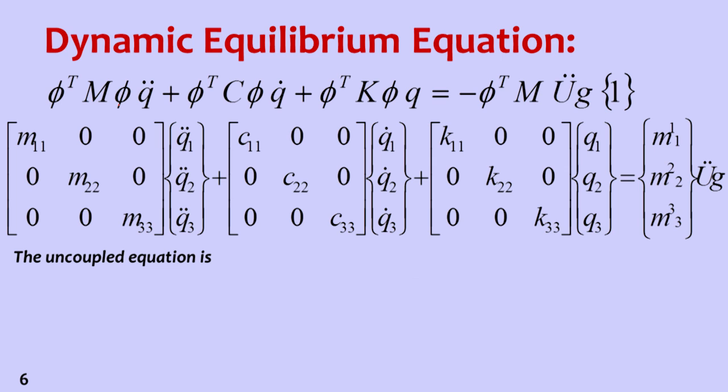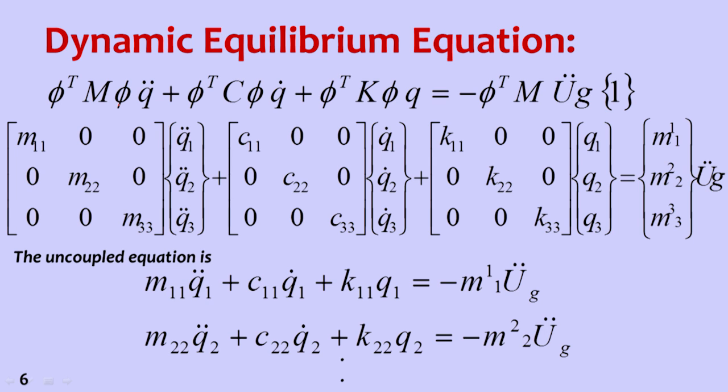If we do that, we get uncoupled equations like this: M11 Q1 double dot plus C11 Q1 dot plus K11 Q1 equals minus M1 u double dot g.